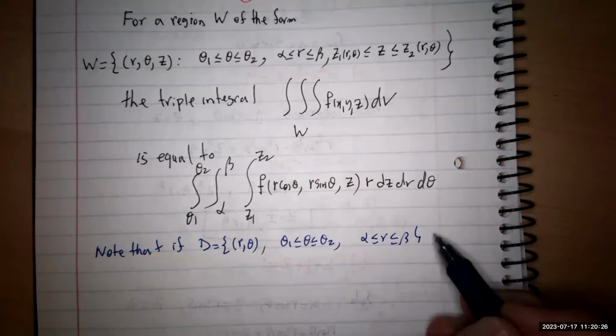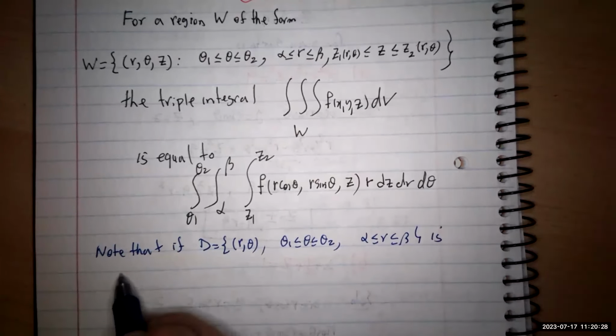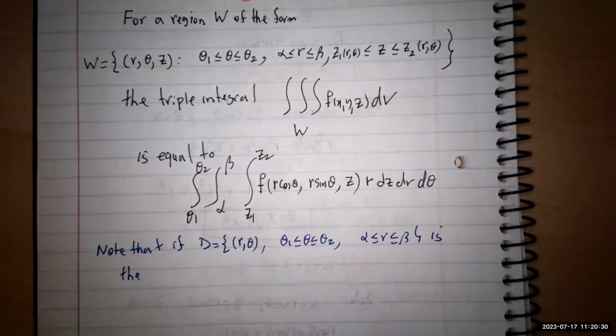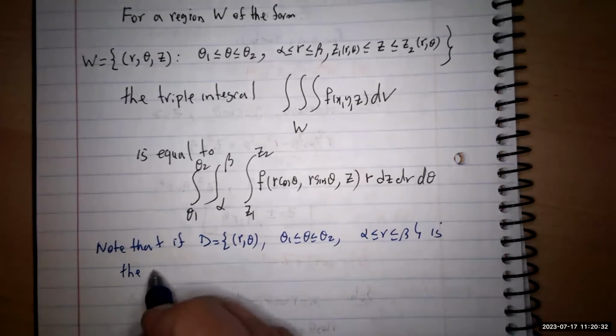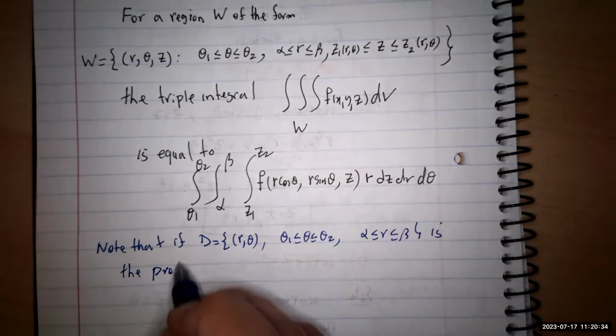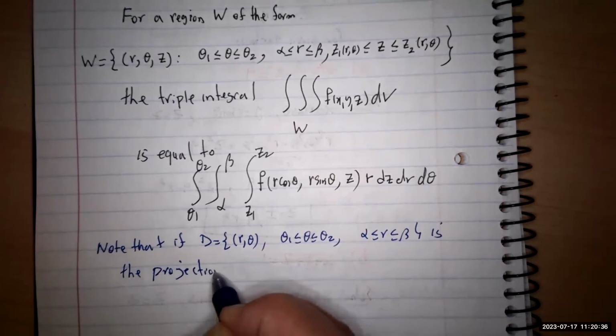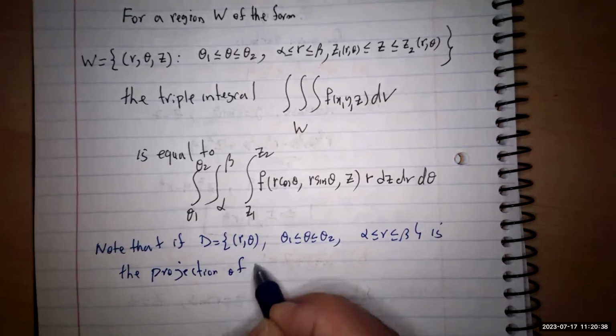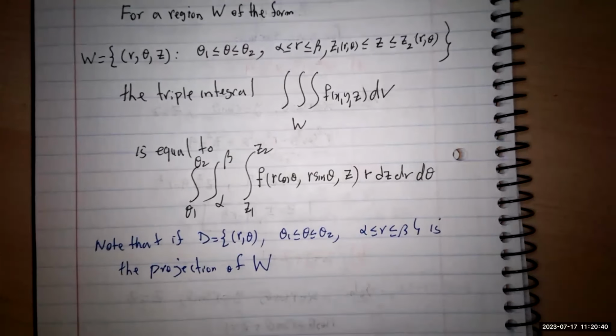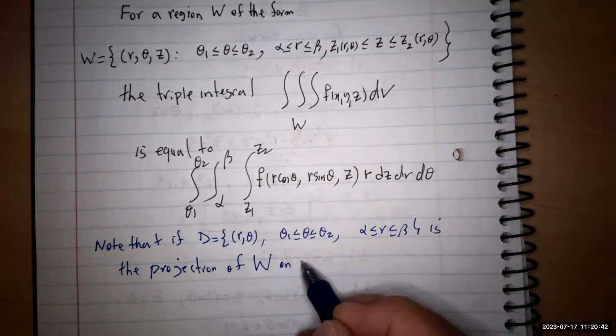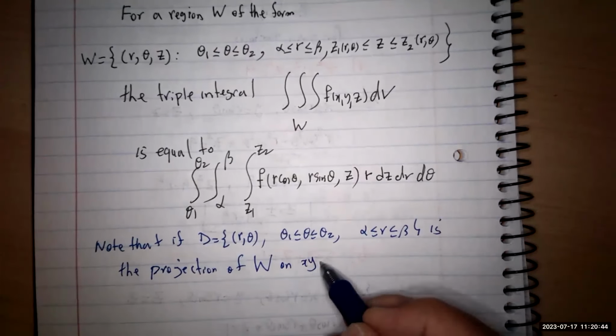This is the projection, the shadow, the projection of W in three dimensions. Now you project it onto the xy-plane, two-dimensional.